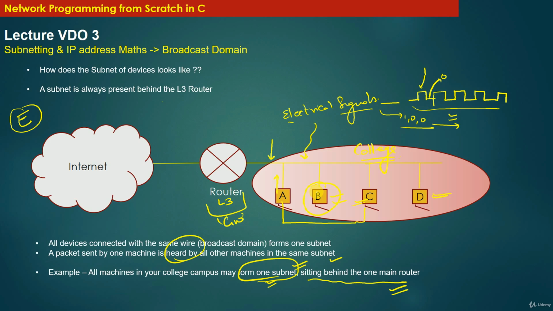Then all the data generated by machine B has to go through the L3 router to the internet. So whenever a machine in one subnet wants to communicate with a machine present elsewhere, out of the subnet, then all the data transmission happens through the boundary or gateway L3 router of the subnet.